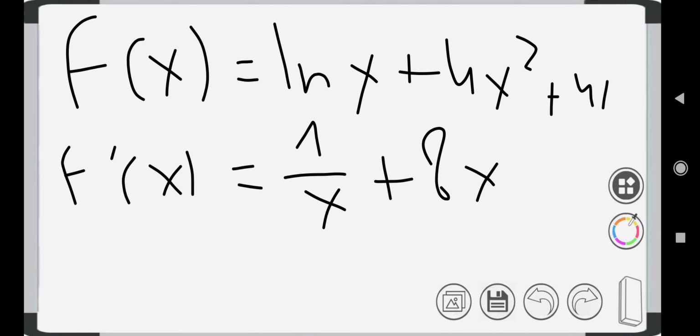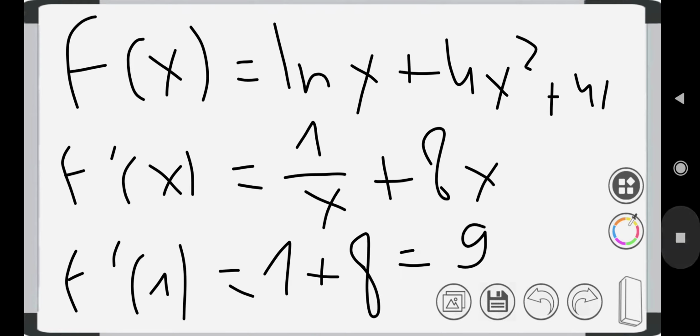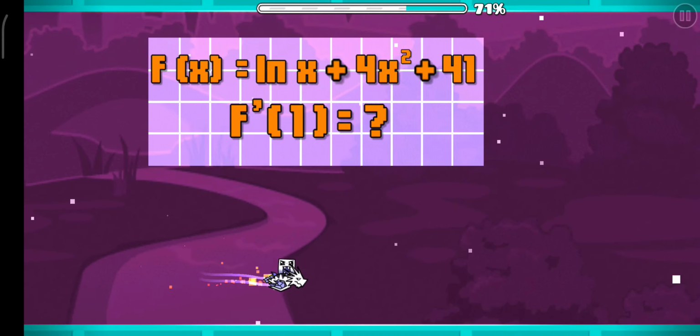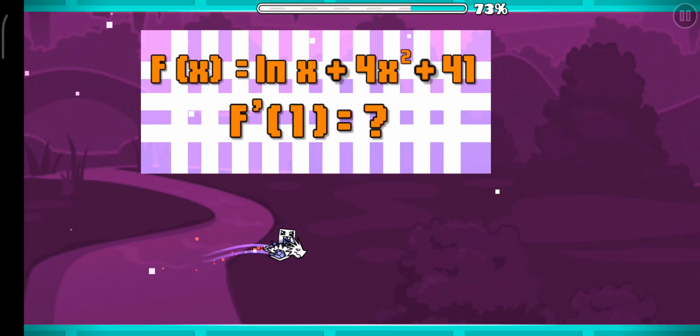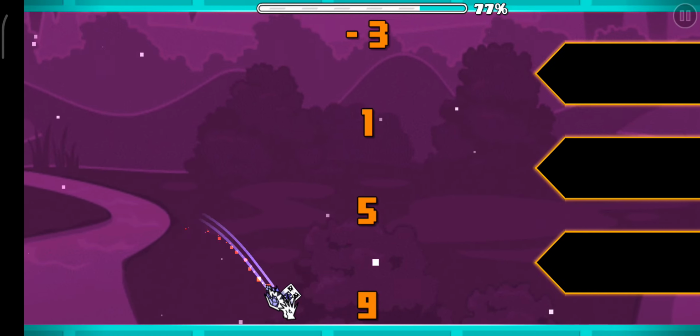Now we need to find the same thing at the point x equals 1. That will be 1 divided by 1, which is 1, plus 8 times 1, which is 8. And we get the answer 9. Okay, here is 9.